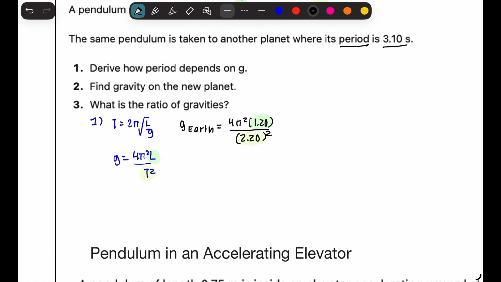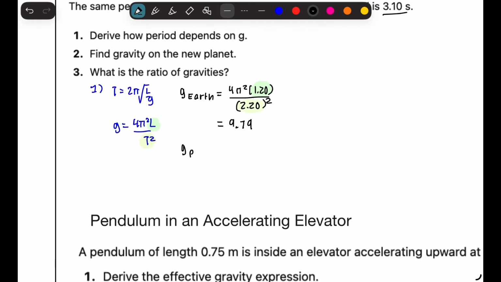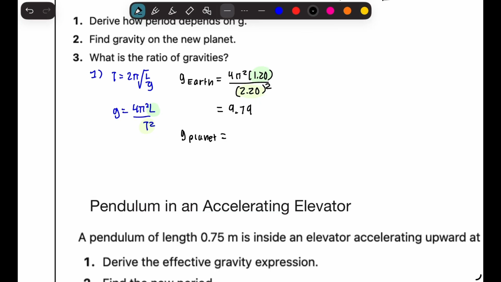If you plug this in, this is going to be 9.79. So now we need to find our new planet gravity, and we're going to take the ratio of this after. So you have 4 pi squared times 1.20 divided by 3.10 squared. And then that's going to equal 4.98.